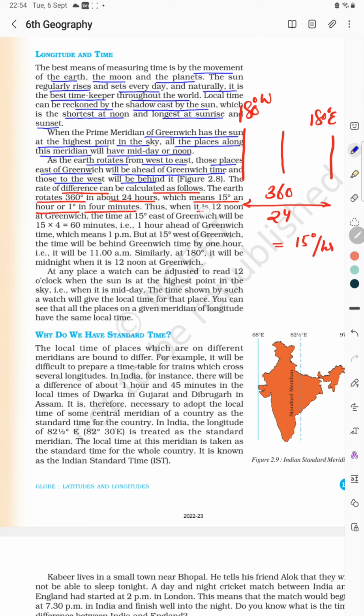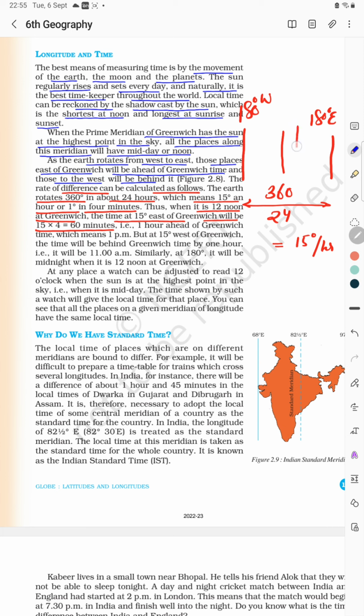So when it is 12 noon at Greenwich, the time at 15 degree east of Greenwich will be 15 into 4 equal to 60 minutes.